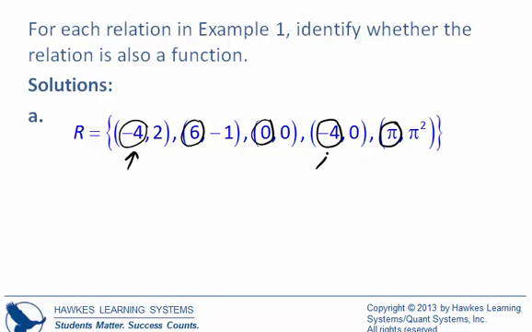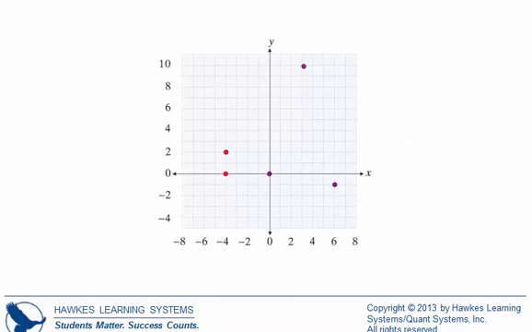Note that you have two x values that are -4. So this is not a function. You can see that illustrated from the graph as well. If we're going to have a function, we are not allowed to have something like this, because these 2 points have the same x value.